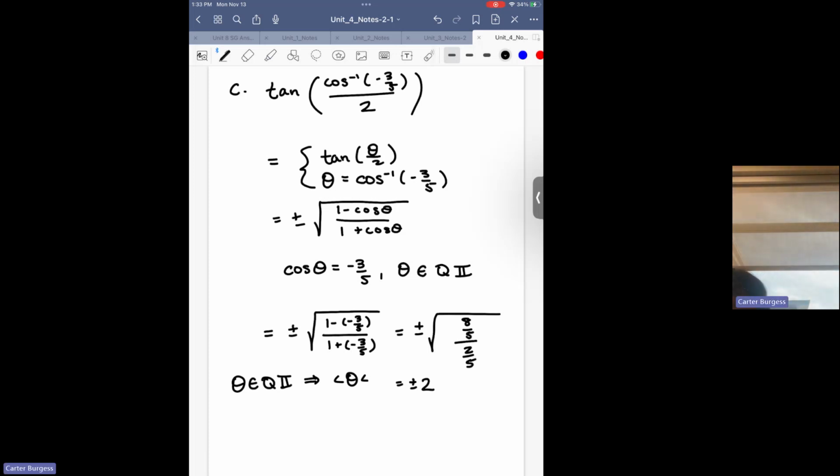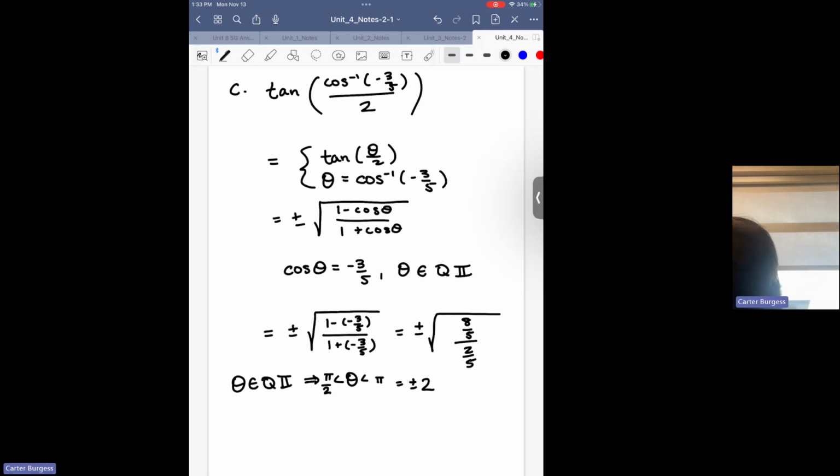What's the border, the upper limit of quadrant 2? 180 degrees, but in terms of radians, that is pi. Okay, so the maximum value, the upper limit of theta will be pi. And what would the lower limit of theta be? Pi over 2. So we're trapped somewhere between 180 degrees and 90 degrees, or somewhere between pi over 2 and pi.